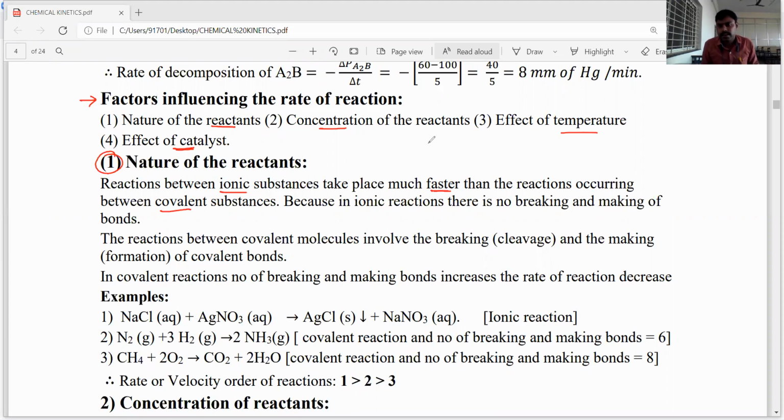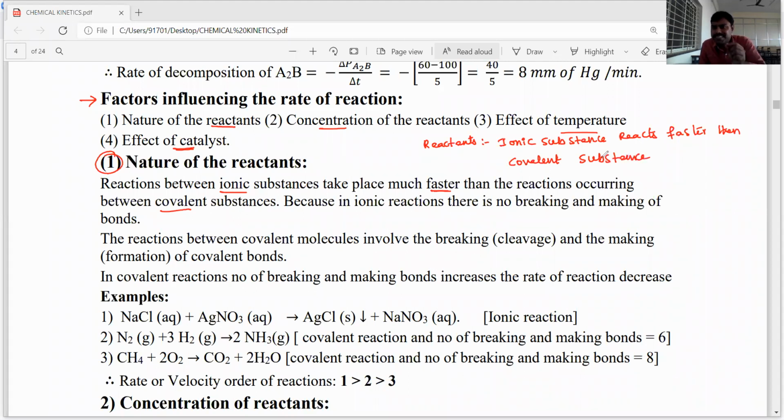Means ionic substances react faster than covalent substances.